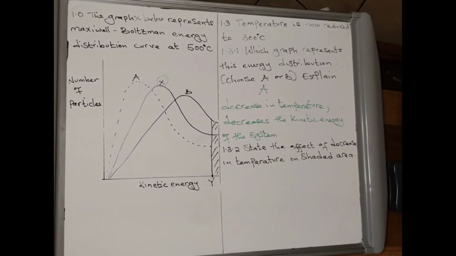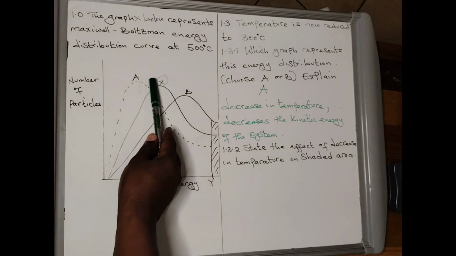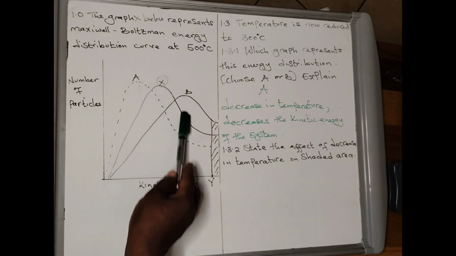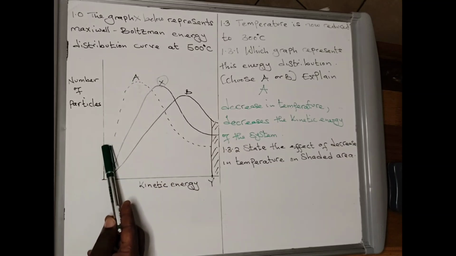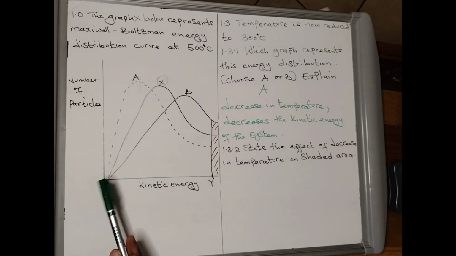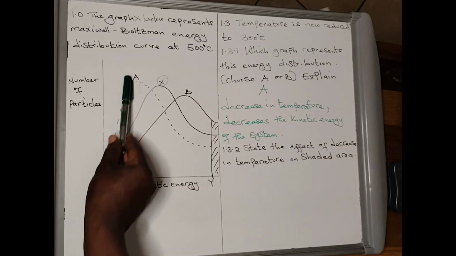Yeah, and then next question comes. It says, state the effect of decrease in temperature on shaded area. Okay. We said this was the graph at 500, and now the graph at 300 is this one, which is A. Now, when you trace A, what do we see?